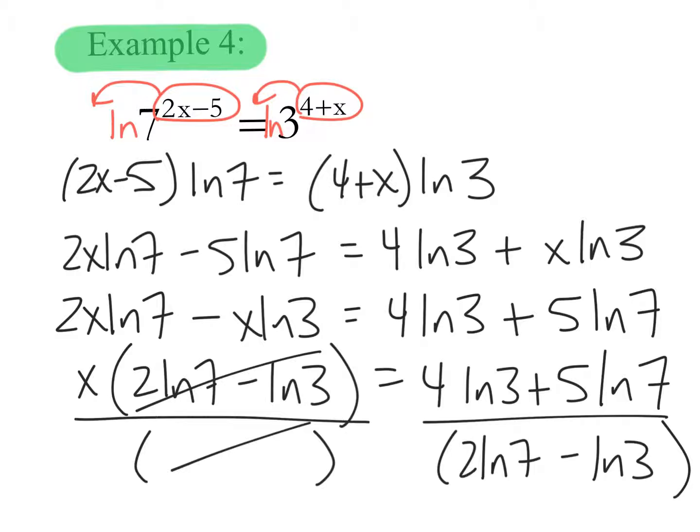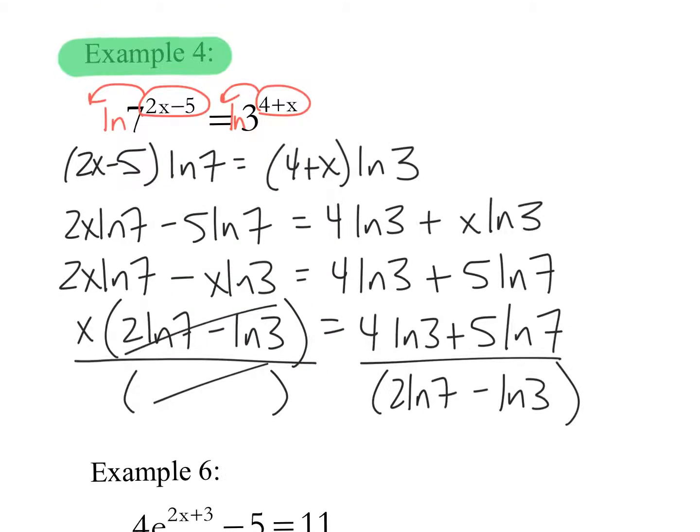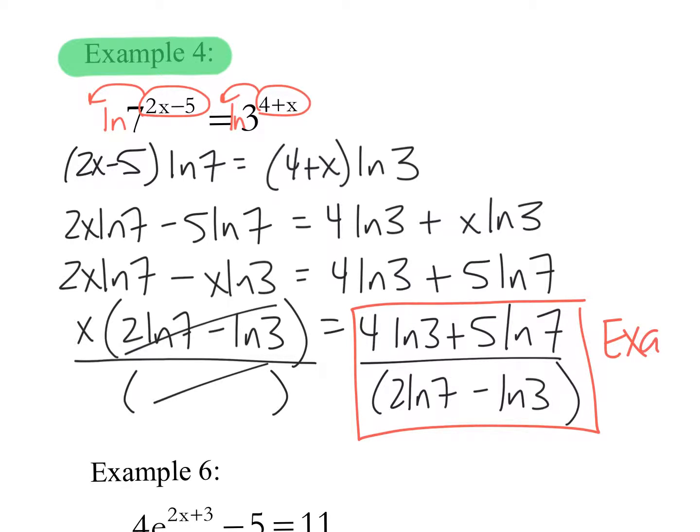So keep in mind from the video from yesterday, this is our exact answer. And if you were to type it into the calculator, the approximated answer for x is going to give you 5.057.